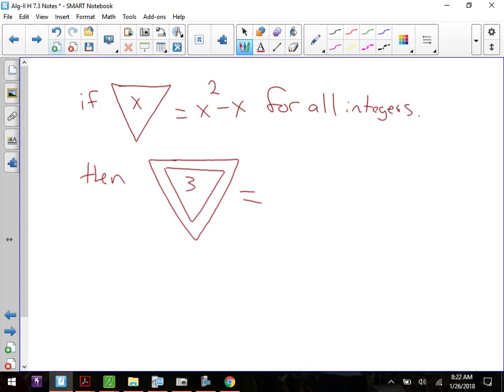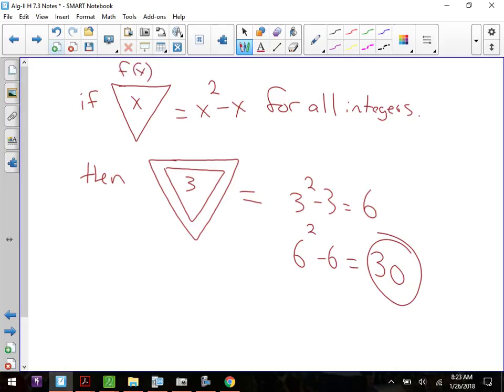This would be 3 squared minus 3, which is 6. Then what do I do with that 6? 6 squared minus 6, and you get. This is the same idea as saying f of f of x. It's an ACT question, guys. It's on the study guide of the ACT for function notation.